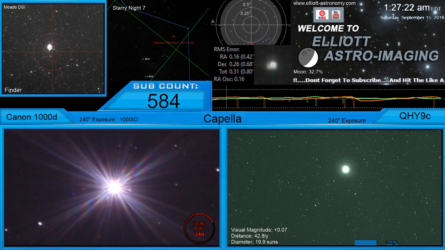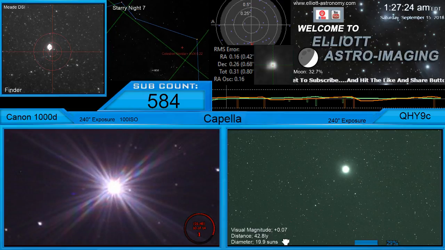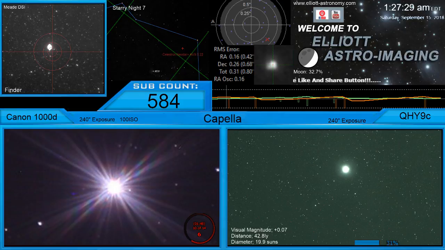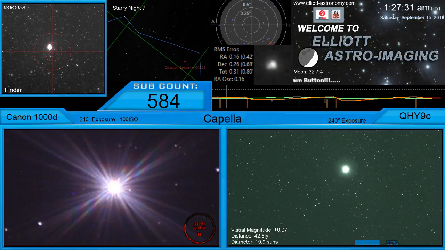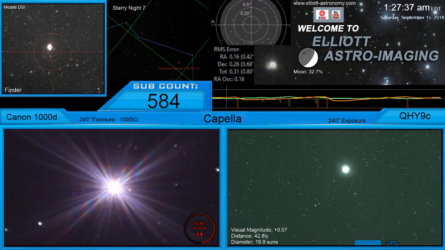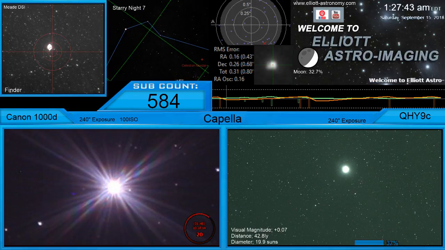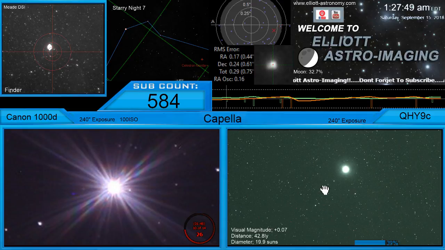Trying to fit it in one here so you can see where it is compared to where it is on the... There you go. Okay, so for where it is on Starry Night, that's Capella right there.